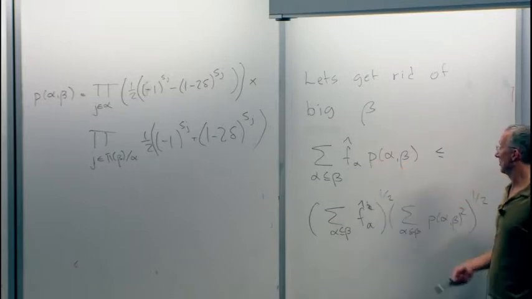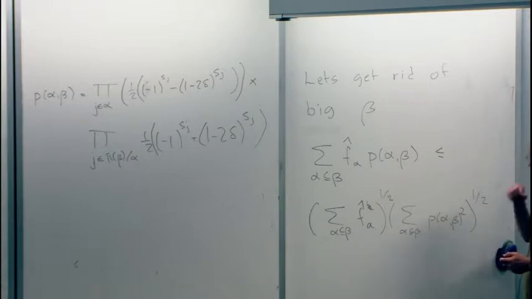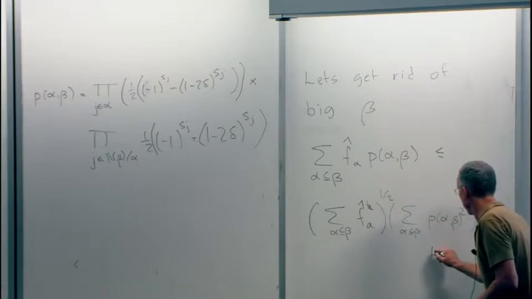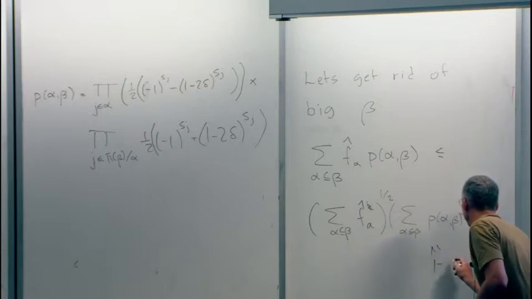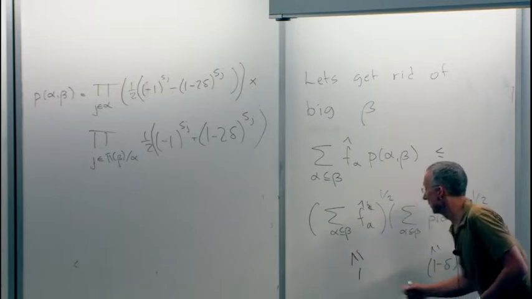We just do Cauchy-Schwarz on this one, and then we have to look at this number. I claim that in fact this number is smaller than 1.